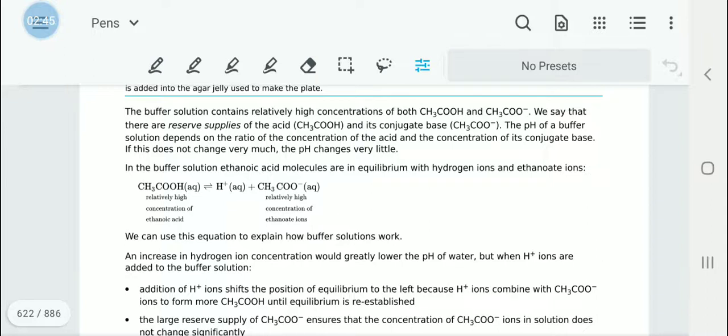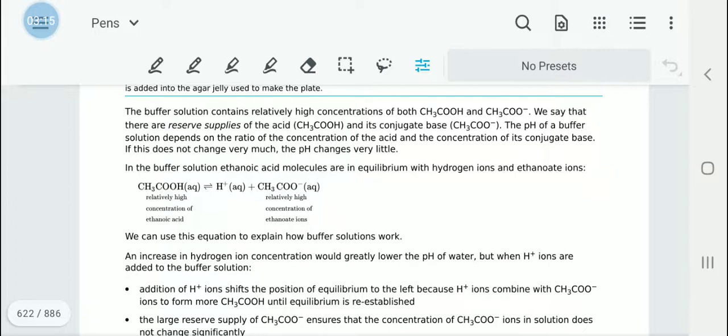The pH of the buffer depends on the H plus ion concentration only, or in other words, it depends on the ratio of the concentration of the acid to the concentration of its conjugate base. If that does not change, the pH would not change very much.